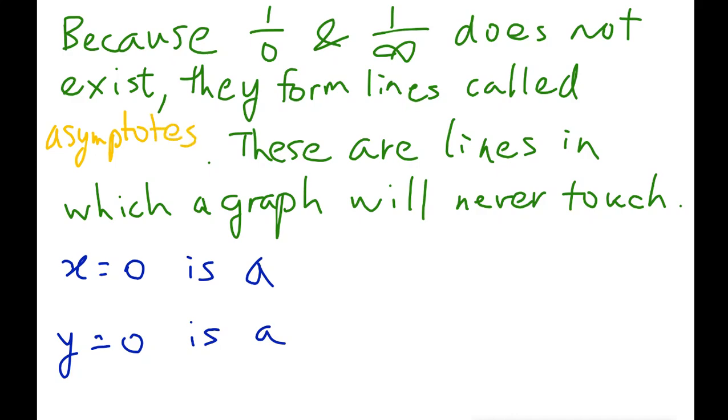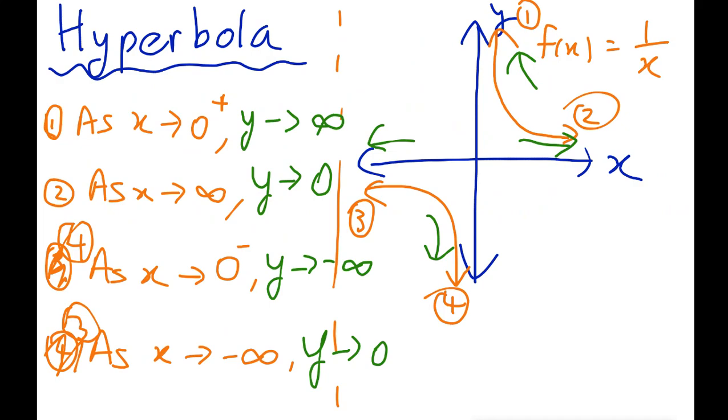Asymptotes. And these are lines which a graph will never touch. So, x equals 0 is right there. In fact, it's the y-axis for this. Well, it's always the y-axis.